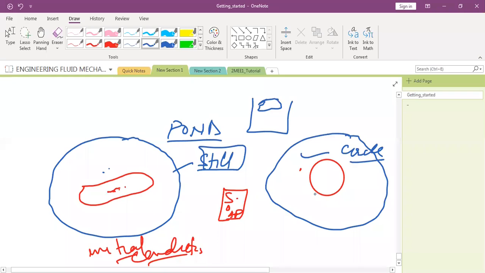Sir, in a circle, equal force is exerted on every part of its perimeter. That's why it's taking circular form. So the reason here is surface tension. When you have soap here, it reduces the surface tension in this region.